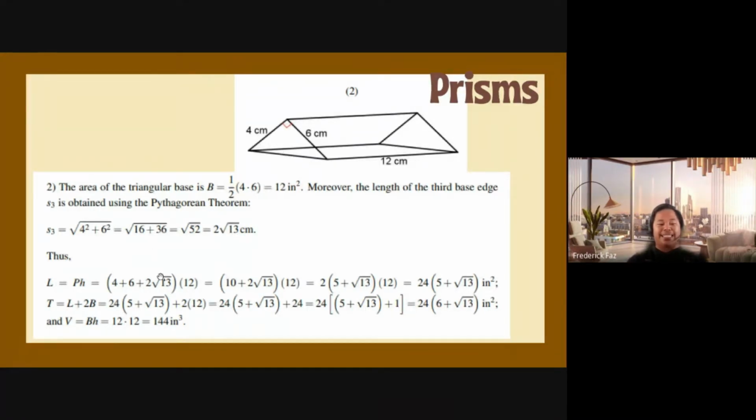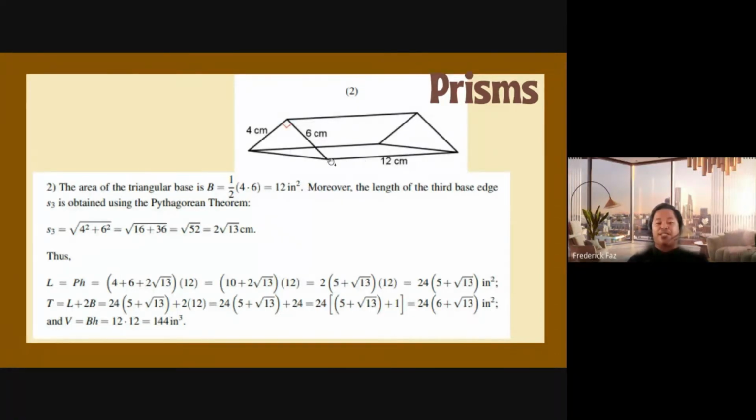Then, the lateral area, so ang area ng ating, yung perimeter po natin is 4 plus 6 plus 2 square root of 13. So yun po yung lateral area. Perimeter ng ating base times the height, ang height po ng ating prism ay 12.